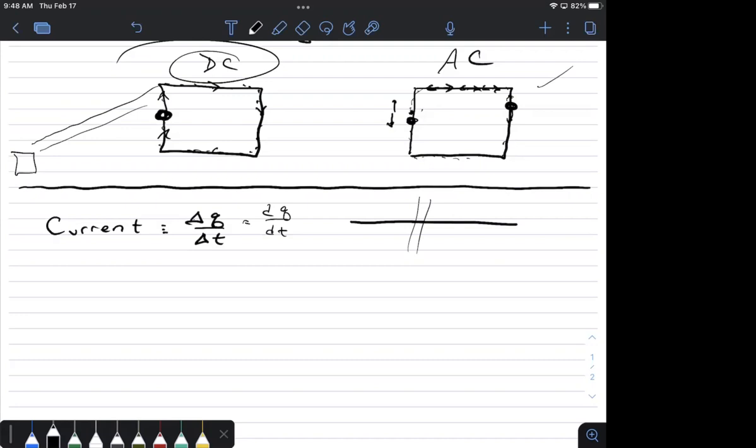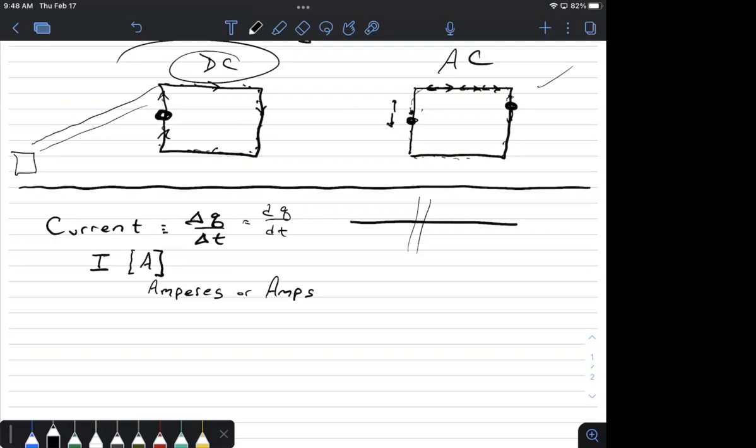That is a measure of the flow of the charges through the wire. And that flow of the charges through the wire is defined as current. The variable for current is I, and its units are going to be amps, capital A for amperes, or amps for short.